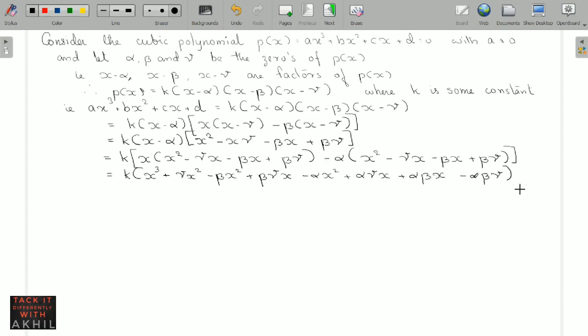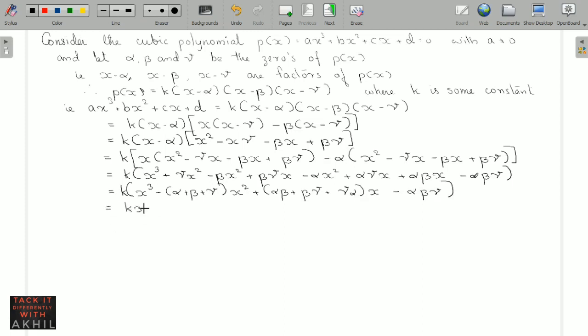Now grouping the terms together, that is x cubed terms together, x squared, x and the constant terms, we have k outside, k into x cubed minus alpha plus beta plus gamma into x squared plus alpha beta plus beta gamma plus gamma alpha into x minus the constant term alpha beta gamma.